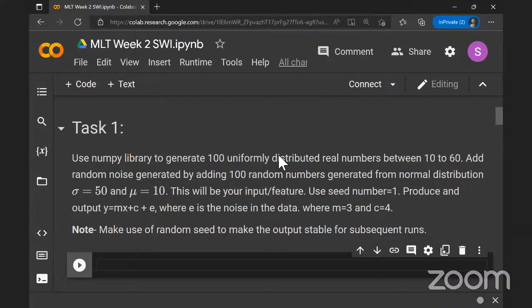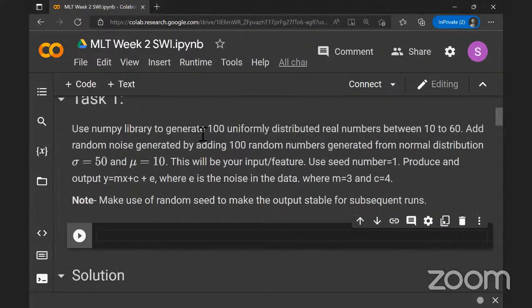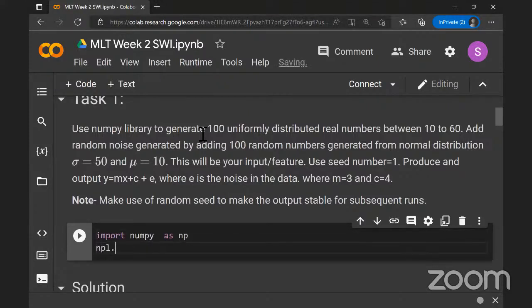Hello, am I audible? So how to put the random seed number in this, because I'm using random dot normal. Okay, so whenever you want to, you set np.random.seed equal to a number, which here is 1.